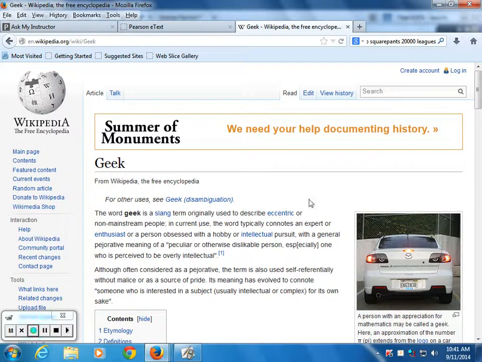Originally used to describe eccentric or non-mainstream people. In current use, the word typically connotes an expert or enthusiast or a person obsessed with a hobby. That's why I said technique. You're taking notes with a computer.